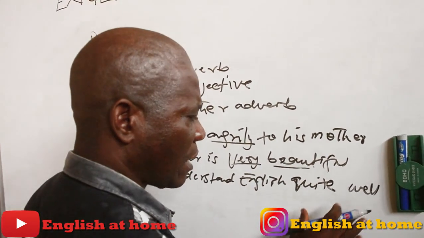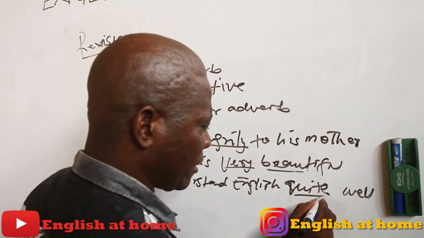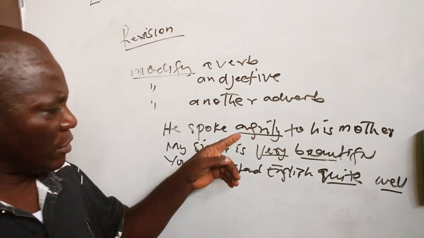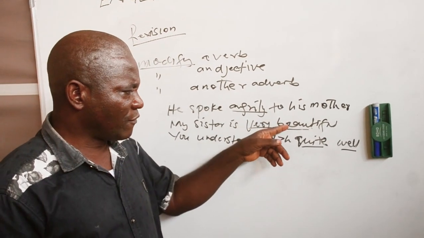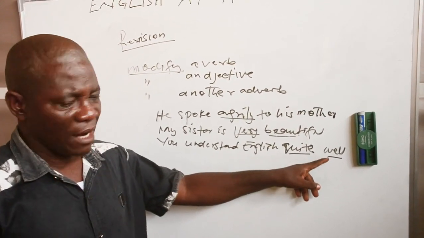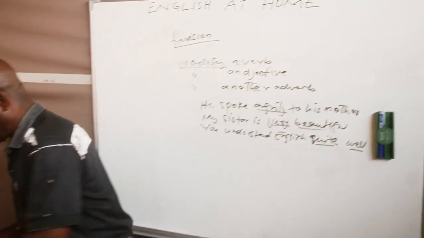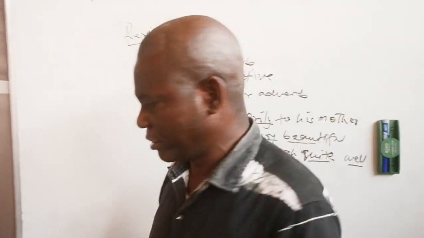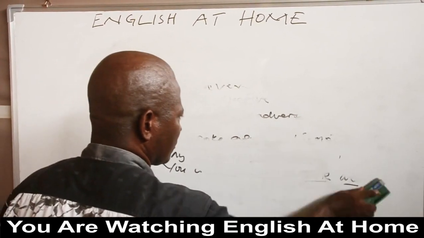Well is an adverb, quite is an adverb, but here quite modifies well. So you see that the adverb modifies a verb, or an adjective, or another adverb. If you were in class last week, that was exactly what we did. But today we are going to the next thing, so we're through the revision.